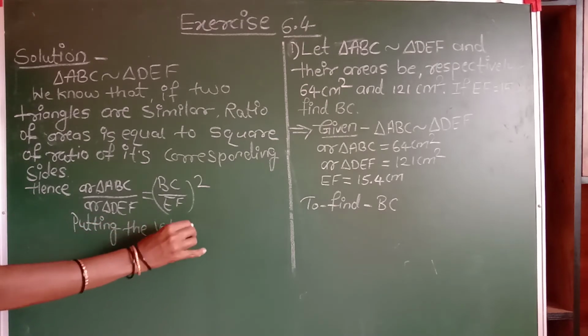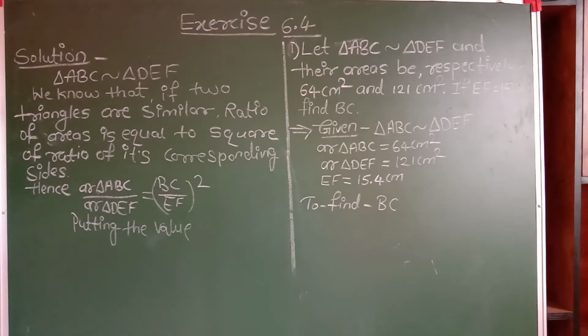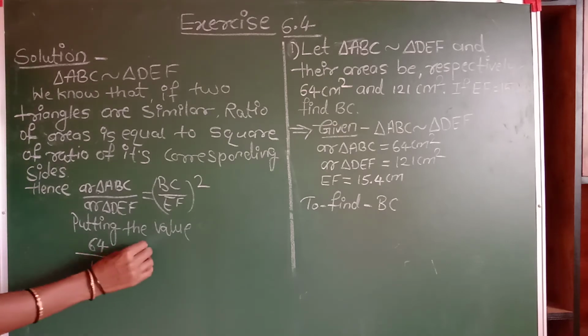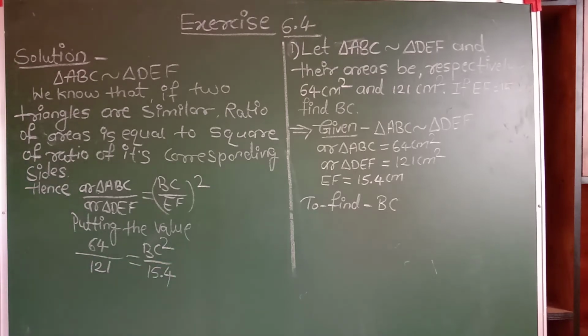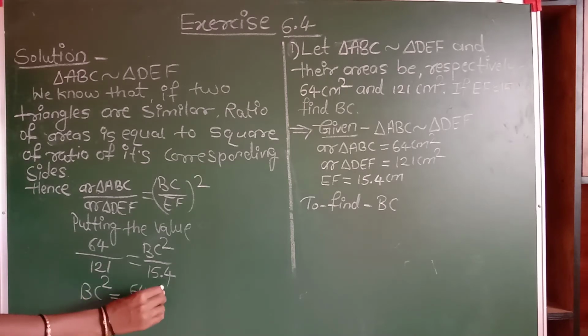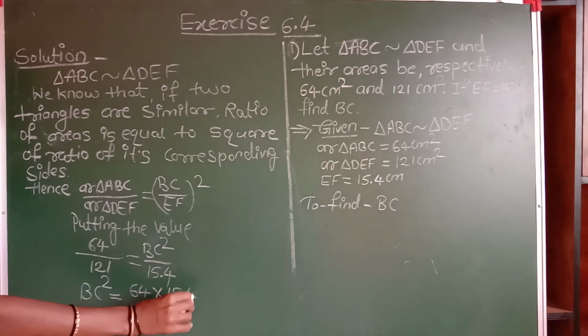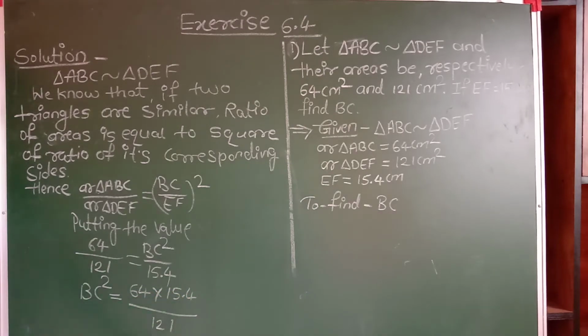Area of triangle ABC is given as 64 divided by area of triangle DEF given as 121. EF is given, BC is not given, so BC square as it is I will write. EF is given 15.4. So here BC square is equal to 64 into 15.4 divided by 121.